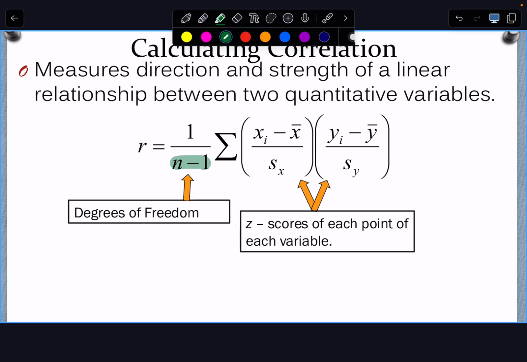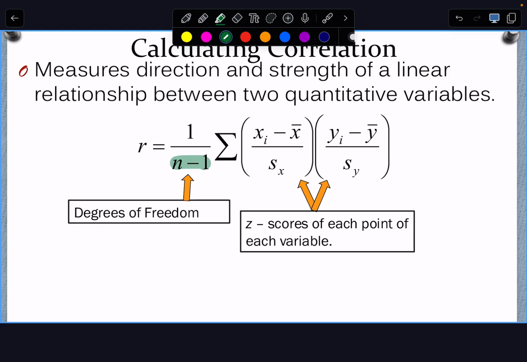And as we look at the formula, it looks a lot more complex than it really is. When I break this down, when I take an x value minus its associated mean and divide by its associated standard deviation, all I've done is calculated a z-score. So whatever my x value was, I standardized it by calculating the appropriate z-score for it. And then I turn around and do the same thing for the corresponding y value.